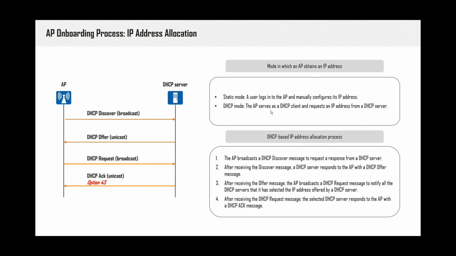In this mode, the AP serves as a DHCP client and requests an IP address from the DHCP server. So you don't need to assign an IP address for each AP by yourself.